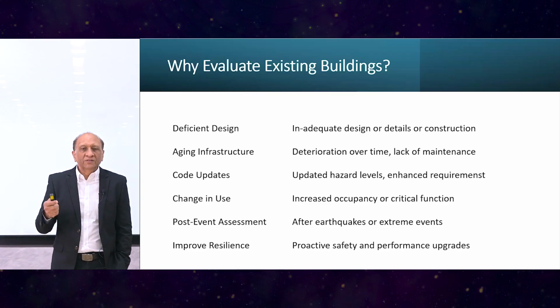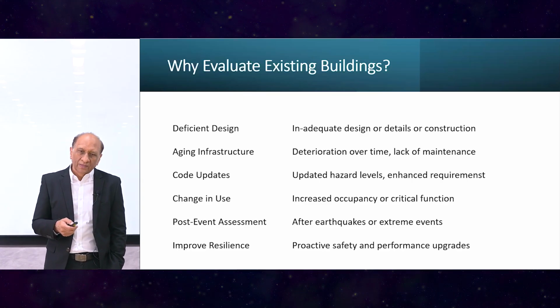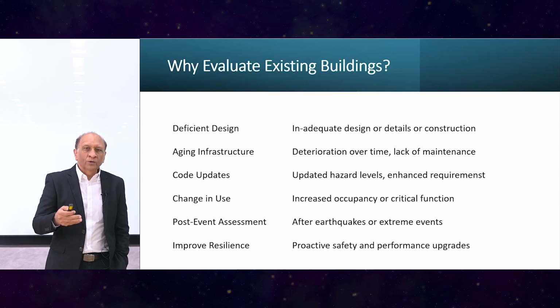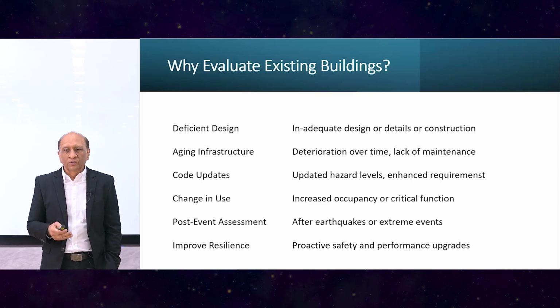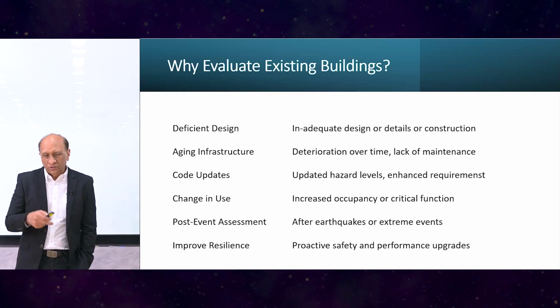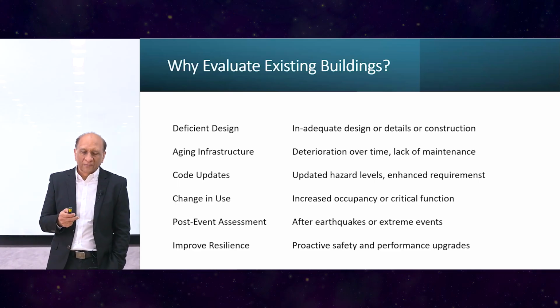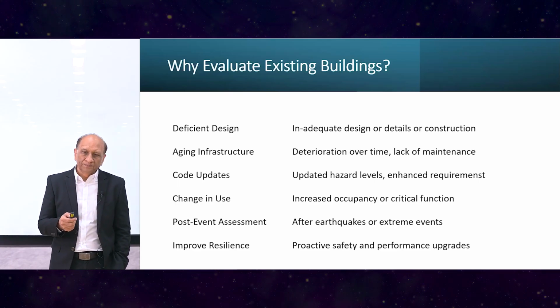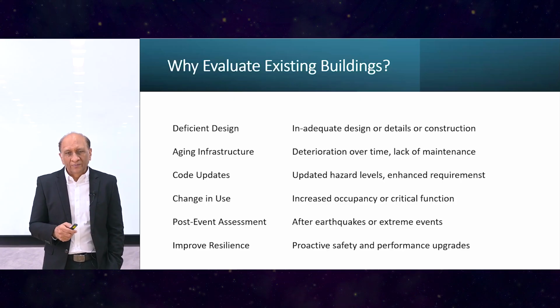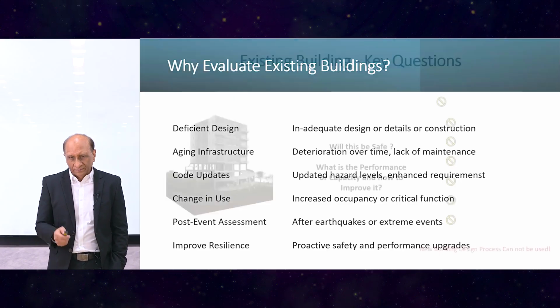And then we just want to improve the resilience. Many companies or clients, before they occupy a structure, want to make sure that it's going to be safe. So they want to evaluate the resilience of the structure, which is beyond just the strength or safety. So these are some of the reasons why we need to evaluate the building for vulnerability.